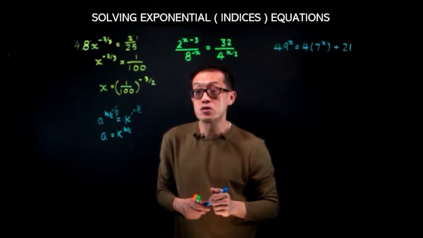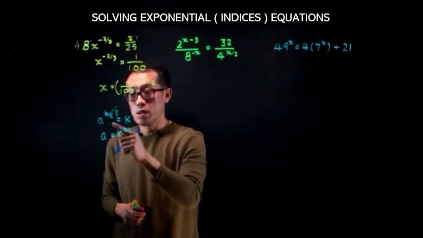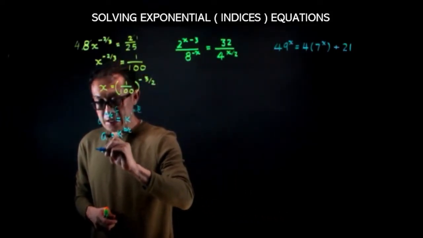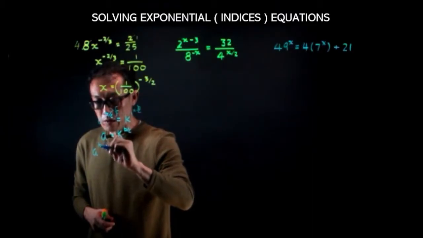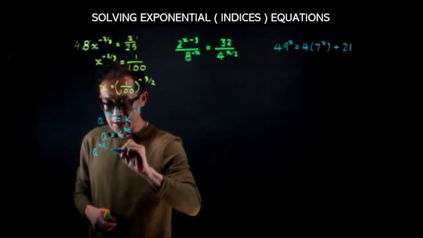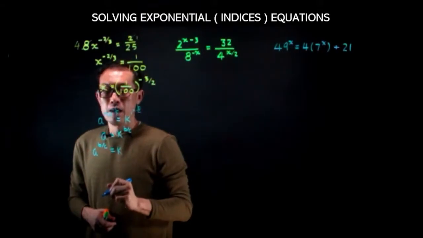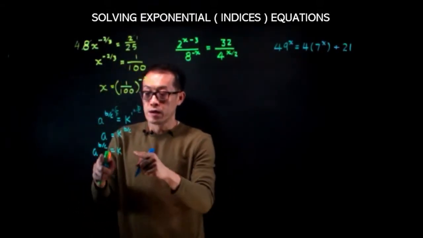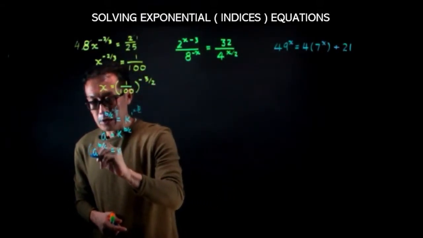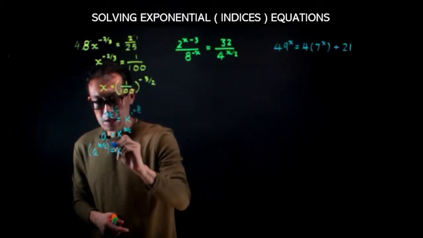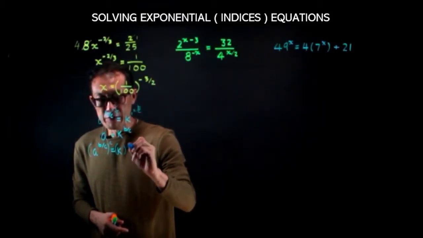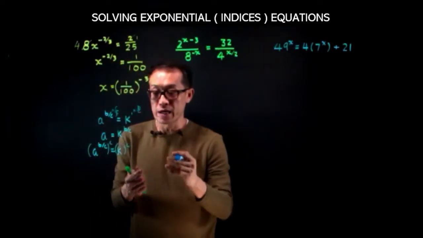Now, why is that so? Let's say a to the power of b over c is k. Okay? Now, what I can do is I raise to the power of c on both sides. Alright?